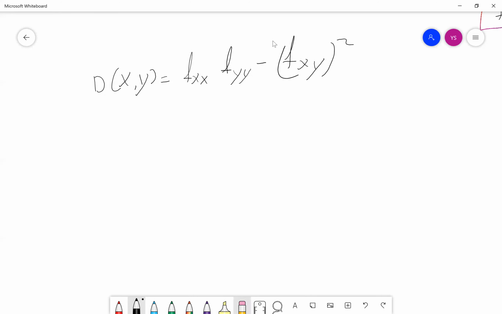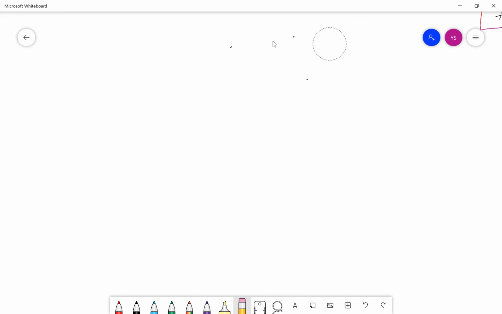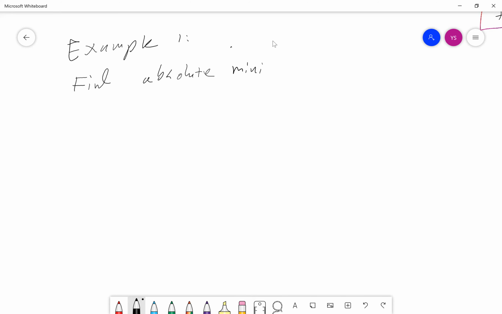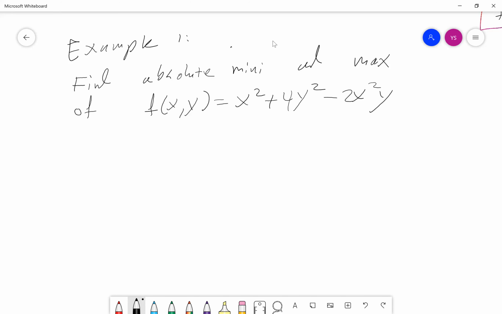Okay, so let's try another problem here. They ask us to find the absolute min and max of the function f of x, y is equal to x squared plus 4y squared minus 2x squared y plus 4.